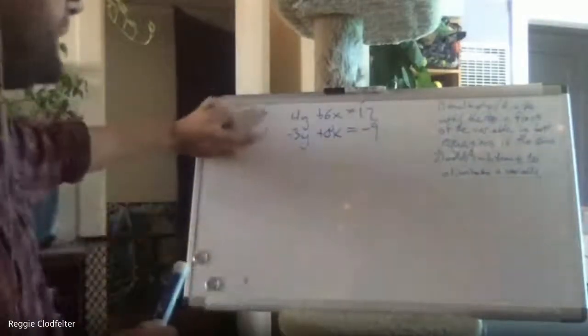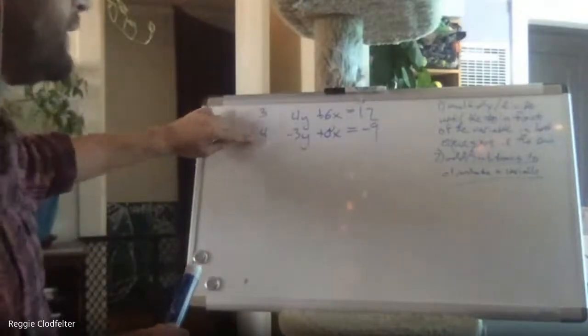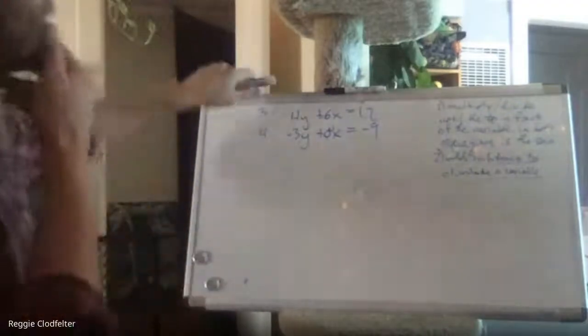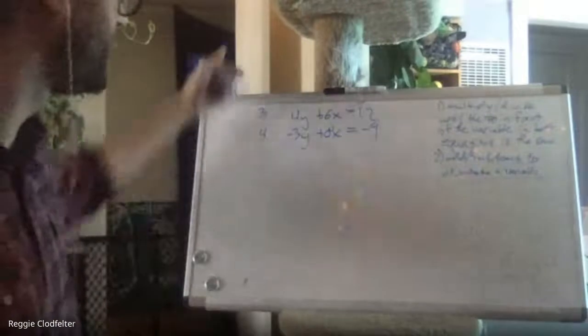This time, I'm going to multiply the top by 3 and the bottom by +4, which gives me 12y and -12y. It works either way, just whichever works better for your brain.